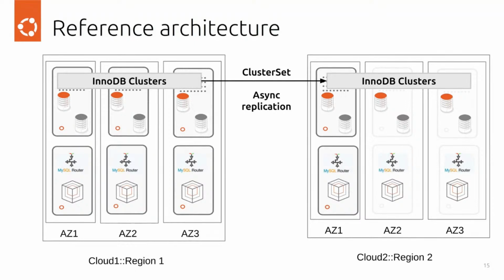Yeah, so getting back to this reference architecture, obviously, as you see here, because of ClusterSet, the minimum that you need to have in order to have automatic failover is 3 nodes.